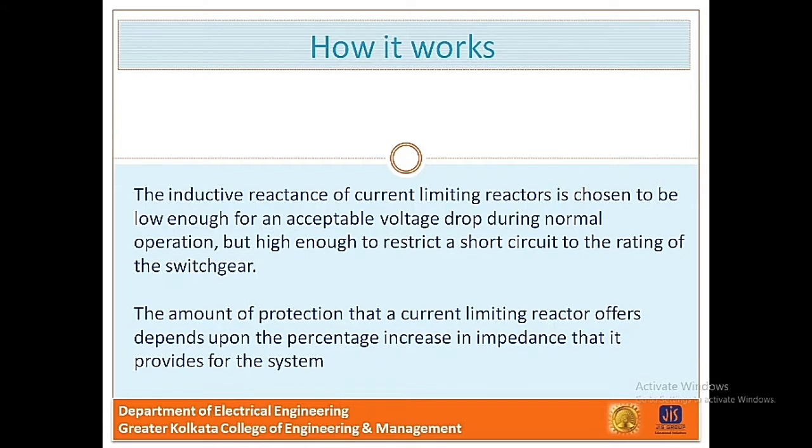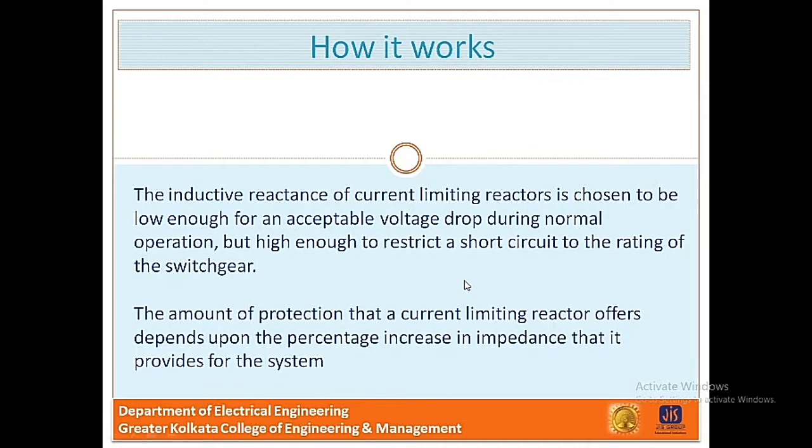So what is the main motive of using current limiting reactors? The main motive is to reduce short circuit current so that circuit breakers with lower short circuit breaking capacity can be used. They can also be used to protect other system components from high current levels and to limit the inrush current when starting a large motor.